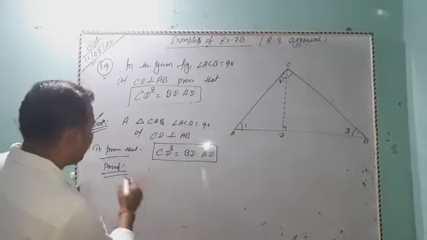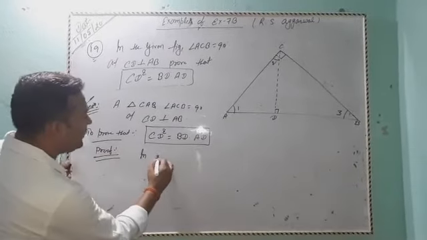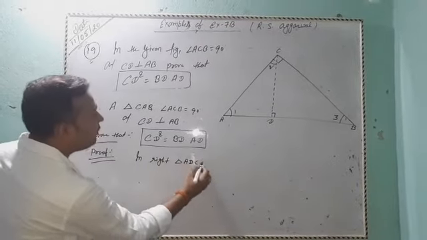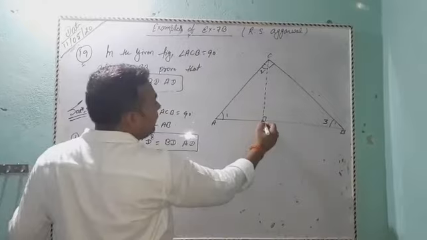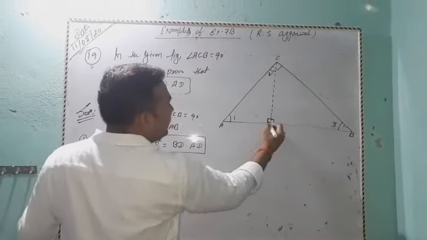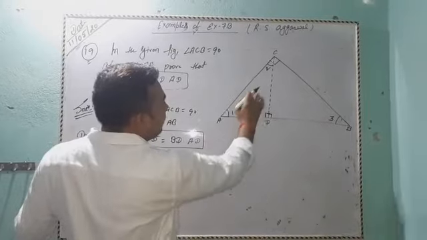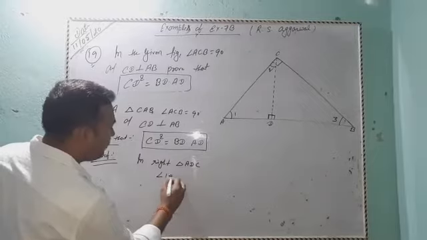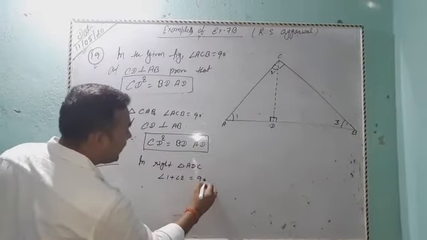In proof, in right triangle ADC, which has a 90 degree angle, angle 1 plus angle 2 equals 90 degrees.